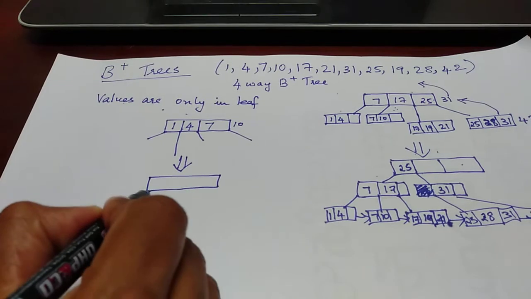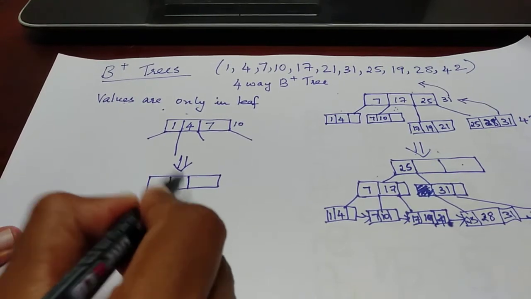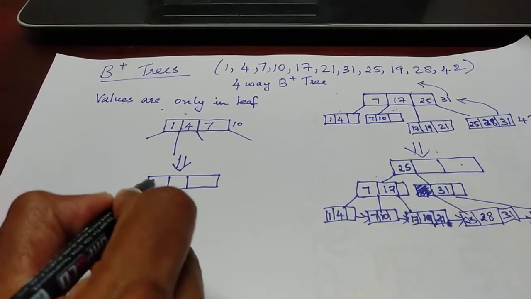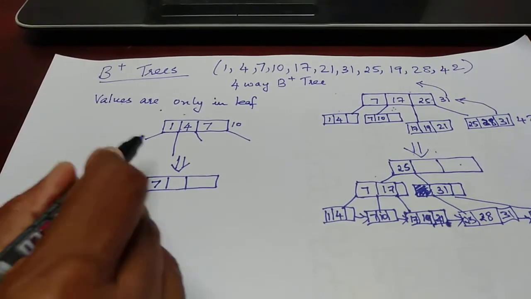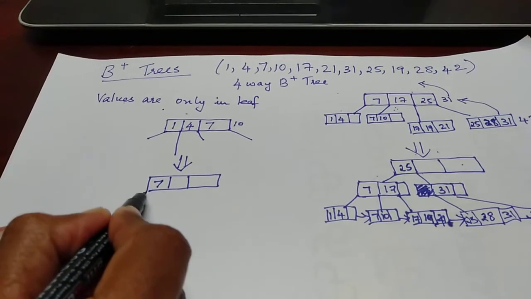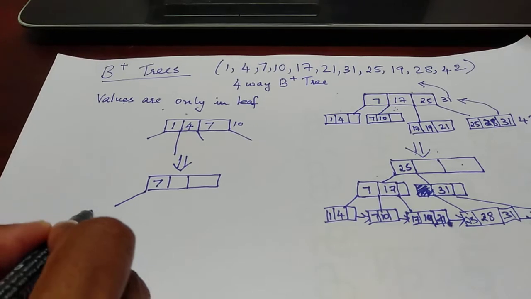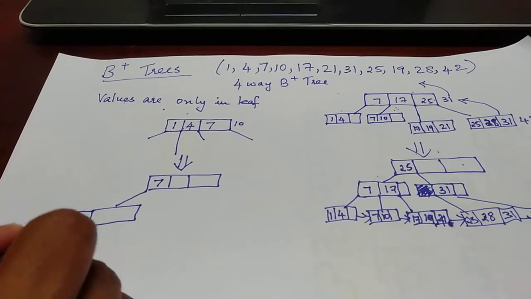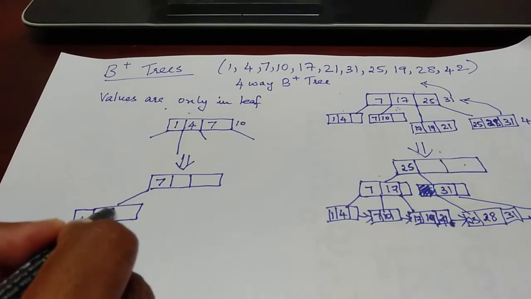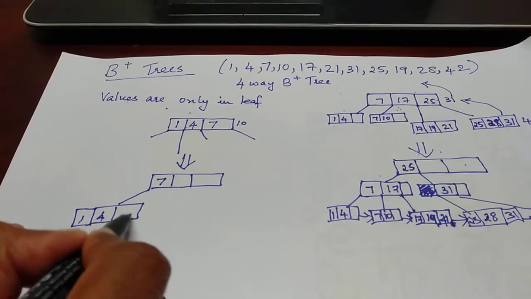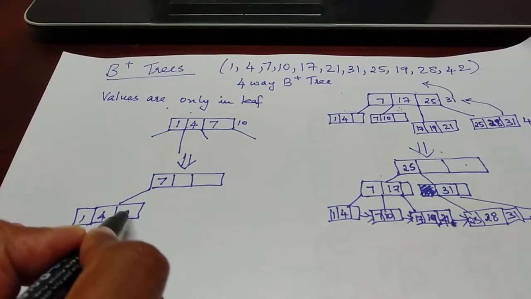So now I have got the root with only 3 elements possible. 7 is the element which I am taking up, and to the left of 7 I have got 1, 4, and there is space for one more element.